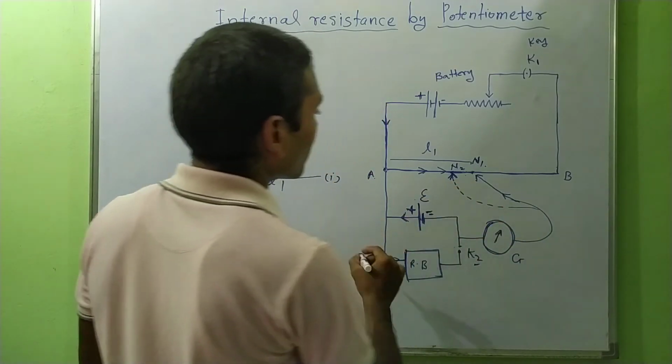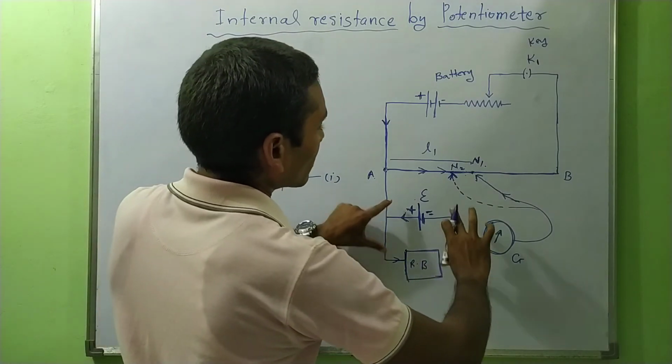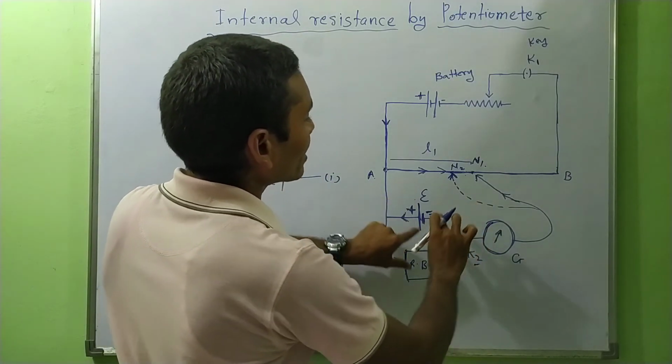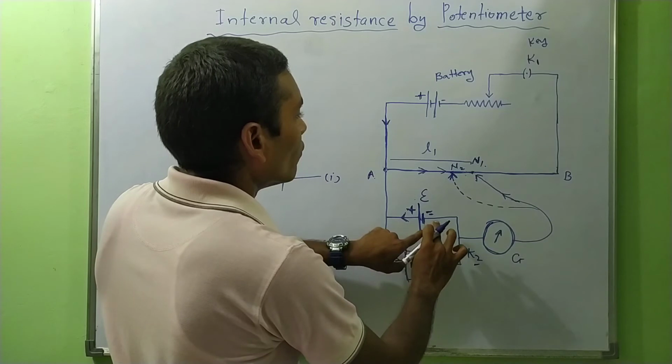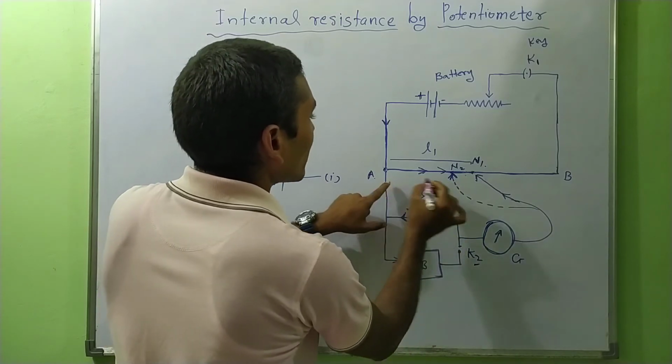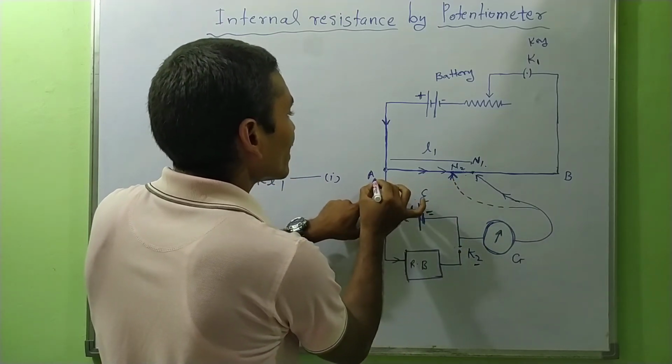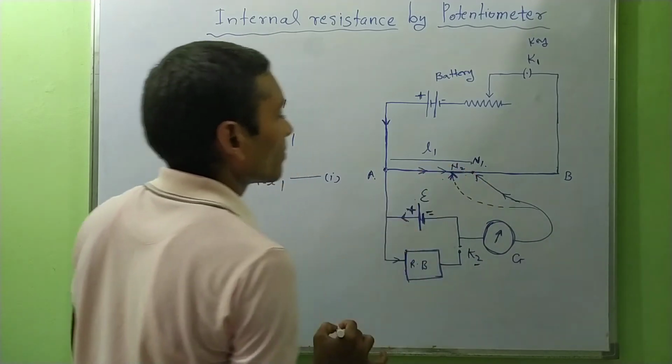In this condition, the potential difference between the two terminals of the cell will be equal to the potential difference between point A and N2.